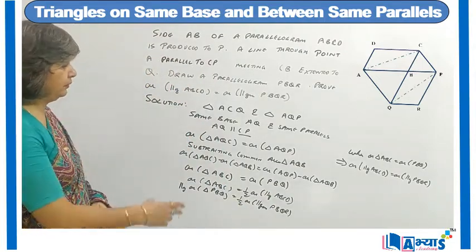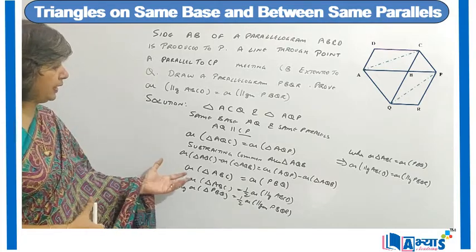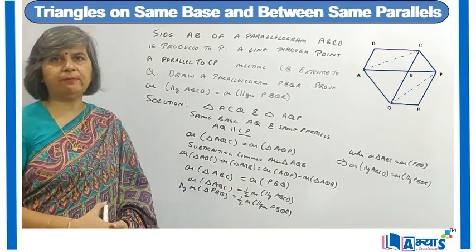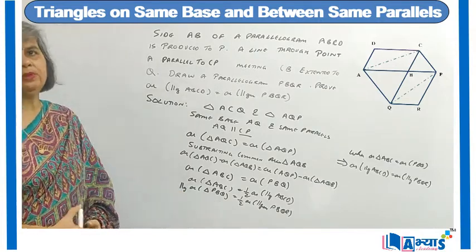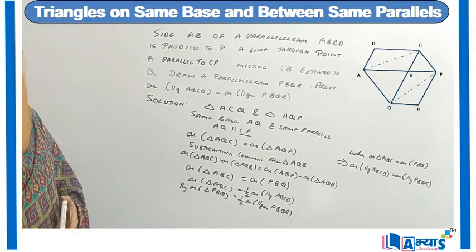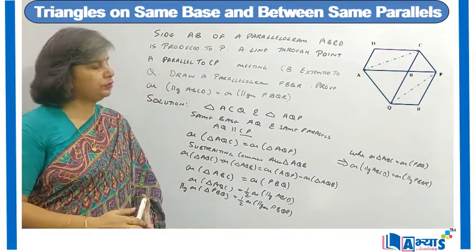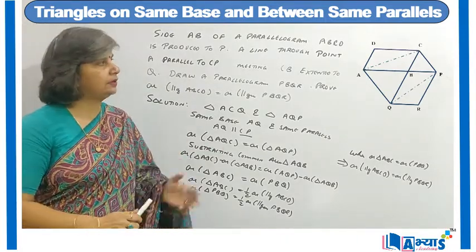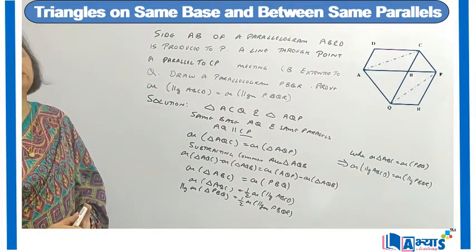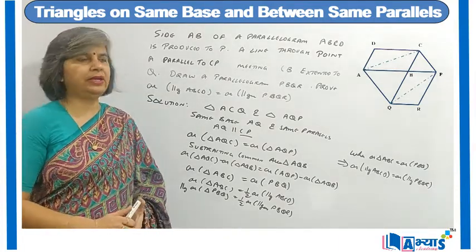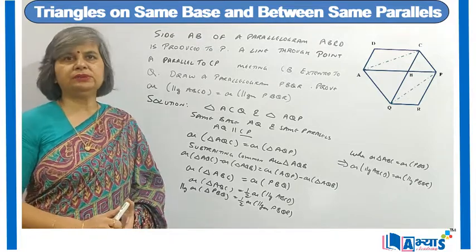Further we can see that the area of triangle ABC is half of parallelogram ABCD, and area of PBQ is half of parallelogram PBQR, because we know that AC is the diagonal of the parallelogram ABCD. Now when AC is the diagonal, it will divide it into two congruent triangles, and so the areas of the two congruent triangles will be equal.